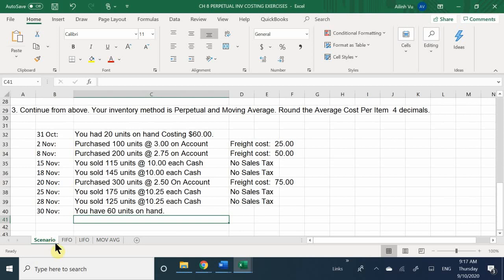So what happened next on November 8th? Purchase units at $2.75. Yes. So we bought 200 at 275. Freight was 50. 200, 275, 50.